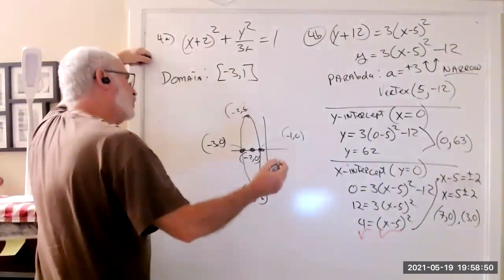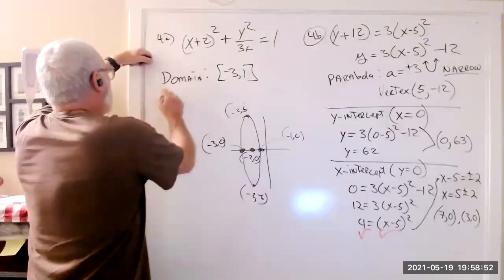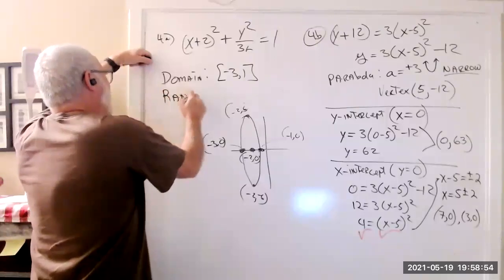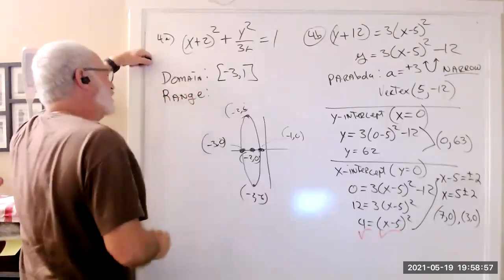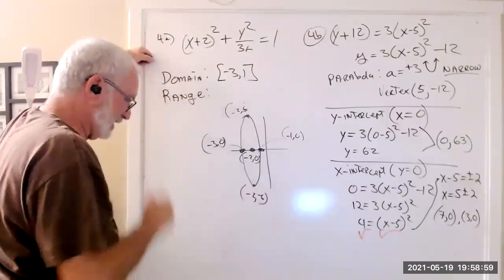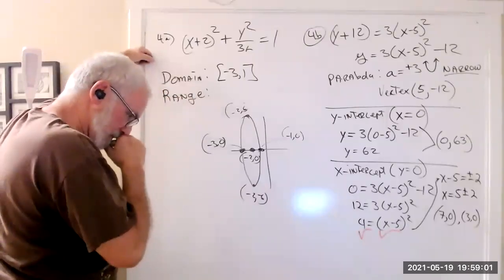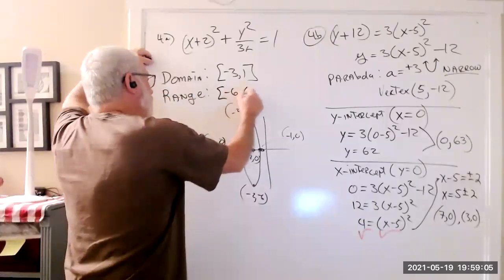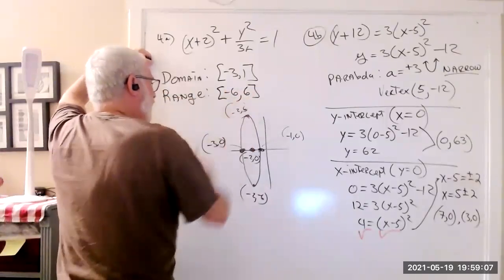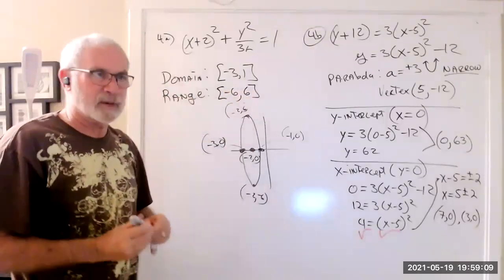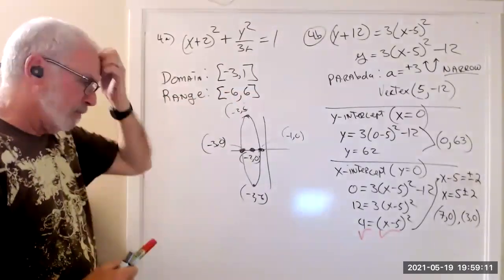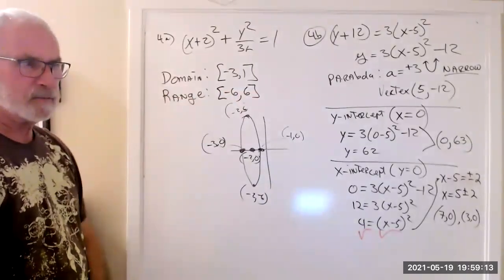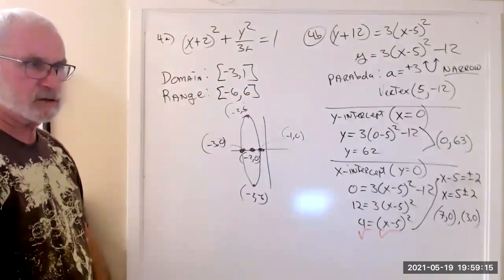Anybody want to try the range? -6 to +6, brackets. Yeah, don't forget the brackets, but you're right. Is that okay now with everybody? Does everybody understand where those answers came from and why they're correct?